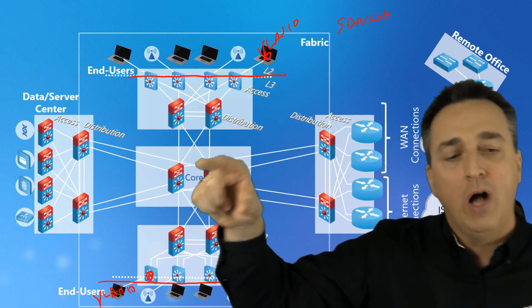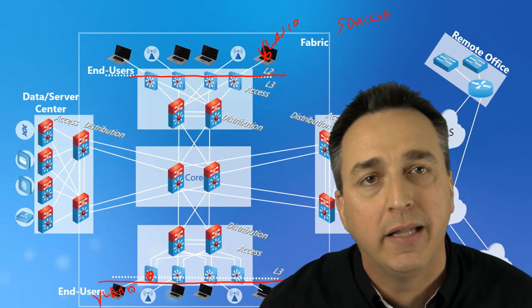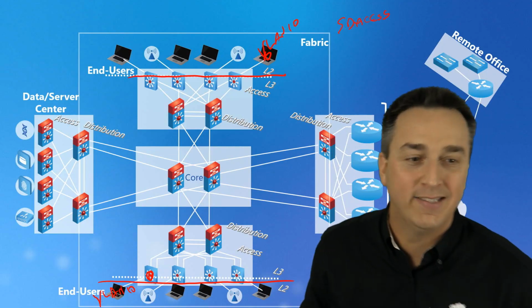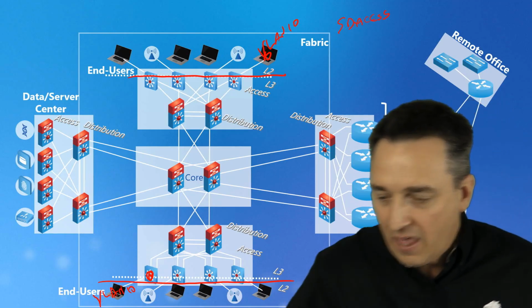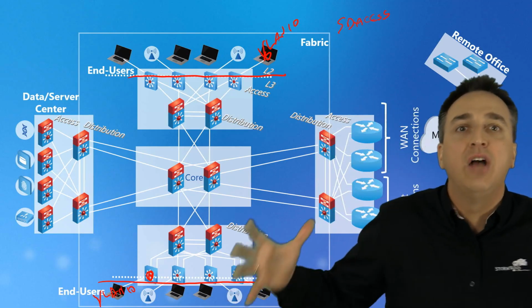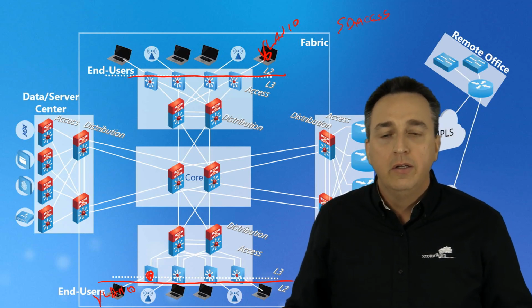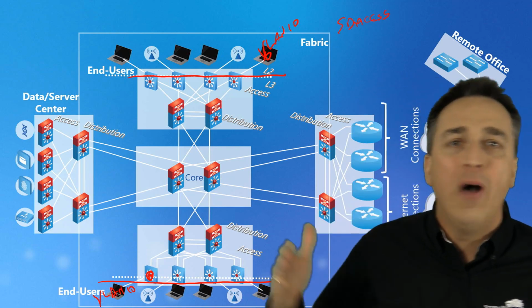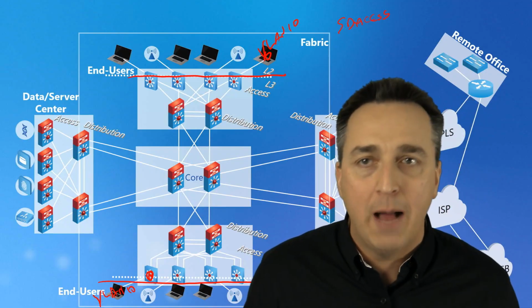What must be running in this network, folks, before you can even implement LISP? Take a wild guess. Yes, some type of dynamic routing protocol. Some type of IGP, OSPF, EIGRP, ISIS, those are all possible options.